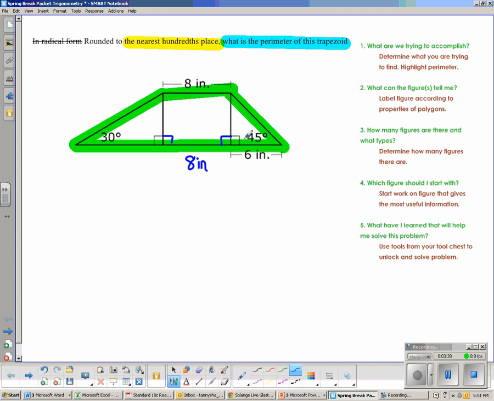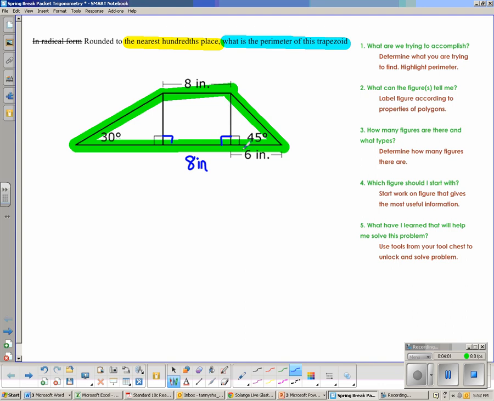If you recognize that shortcut, it's a 45-45-90, because if you have a 90-degree angle and a 45-degree angle, all you have left over, according to the triangle sum theorem, is 45 right here. That would make this an isosceles triangle, and across from the other base angle, this would be 6 as well.